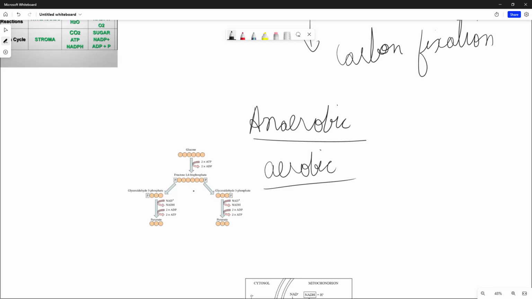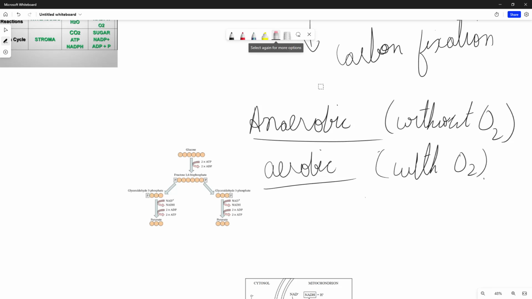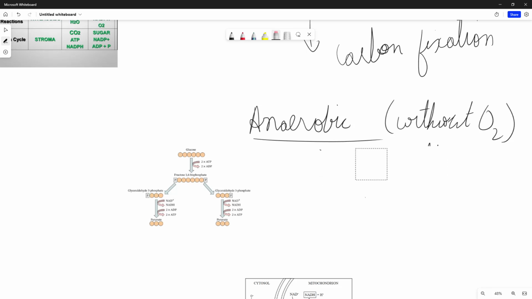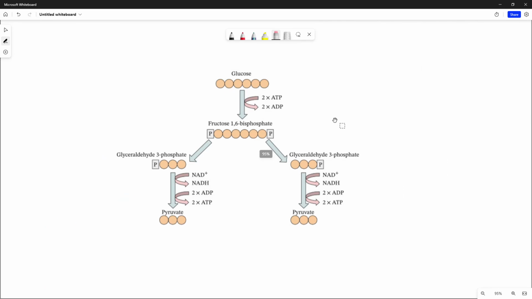Anaerobic means without O2, and aerobic means with O2. We'll be mostly covering aerobic in this part, but we'll just go over anaerobic a bit.